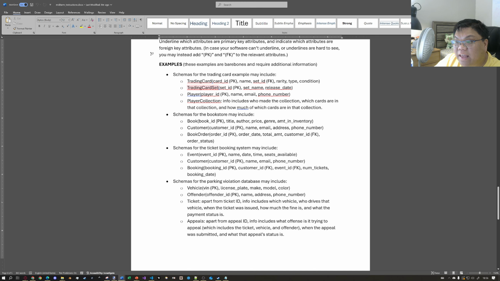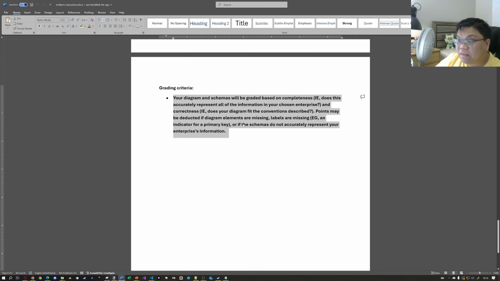The trading card set has a set ID, but it's the primary key for trading card set. It's a foreign key for set ID, which is a part of trading card. There's that concept of referential integrity again. A card must belong to a set that also exists. Soul Ring appears in lots of sets, for example.